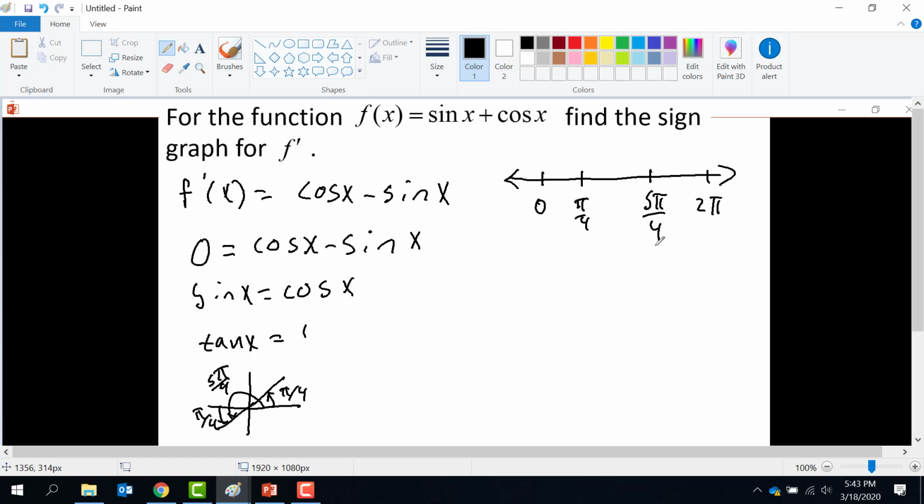Okay, so you have to find something in between 0 and pi over 4, or 0 and 45 degrees. So we could use 30 degrees.